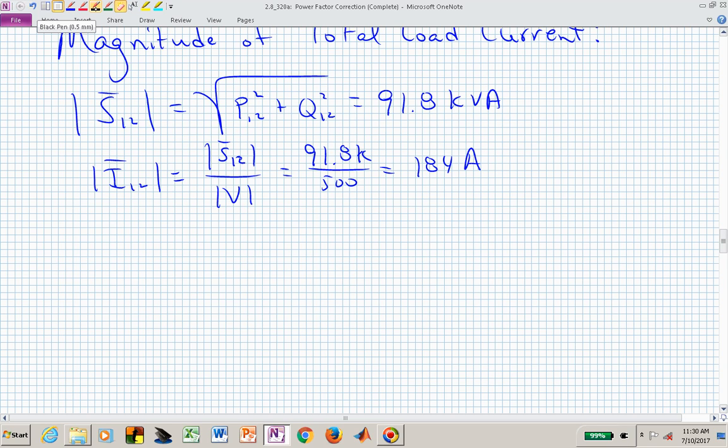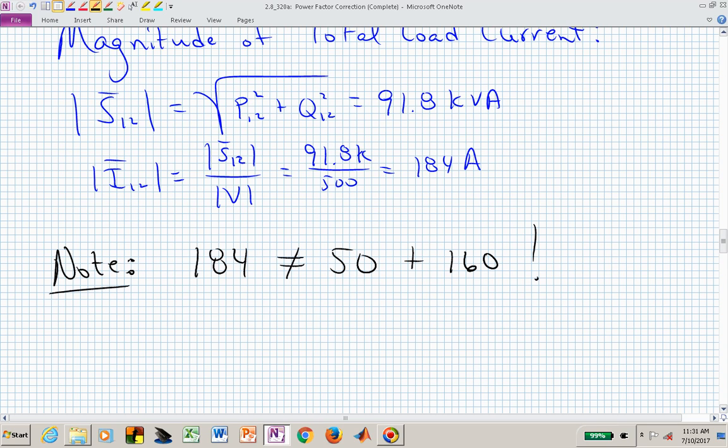Hopefully you can now see that, in fact, the magnitude of the current that supplies load 1 and 2, which is 184, is not equal to the magnitude of the current for load 2 plus the magnitude of the current for load 1.